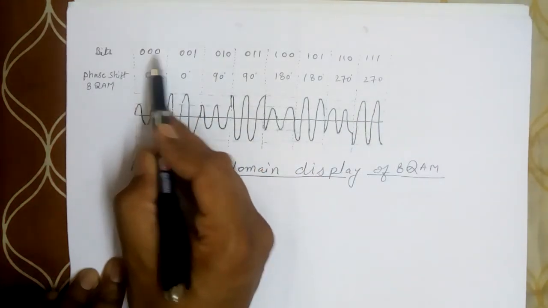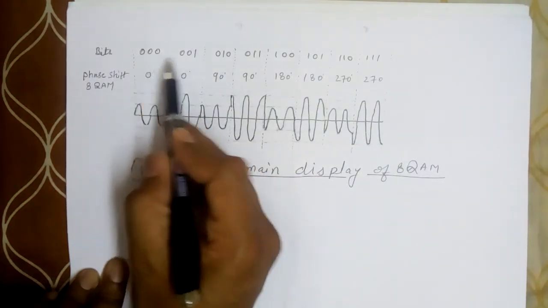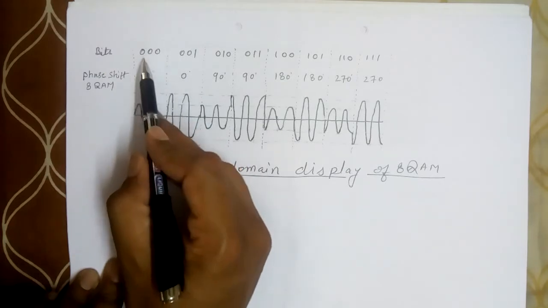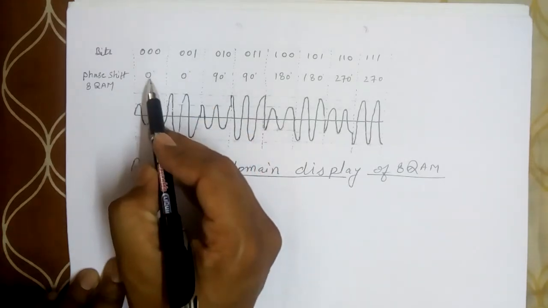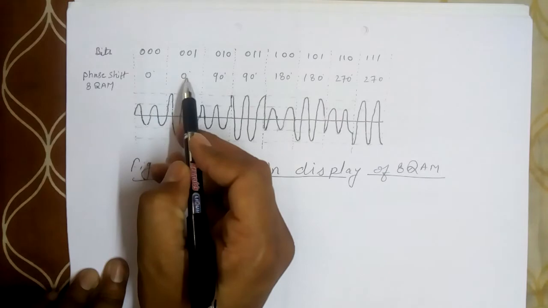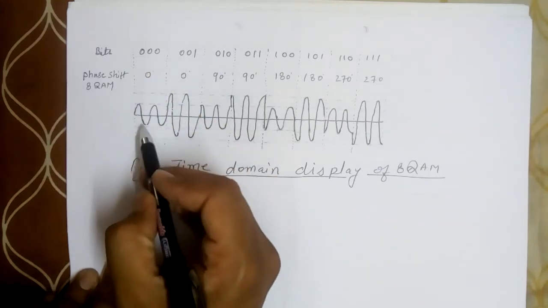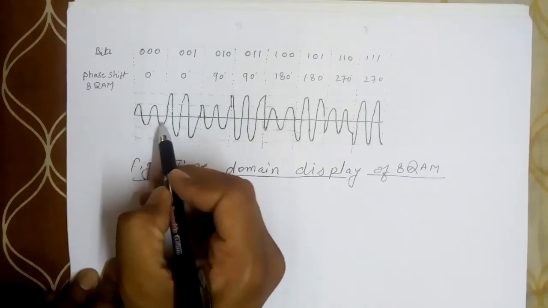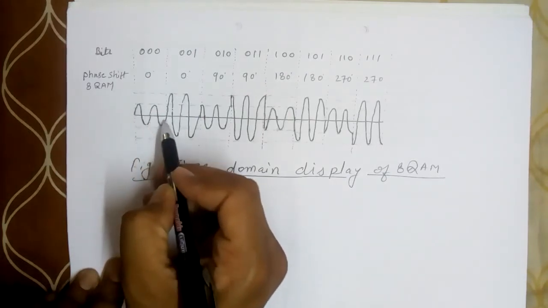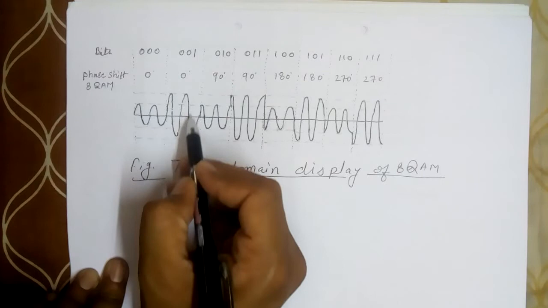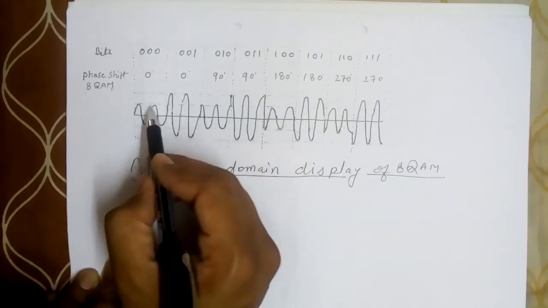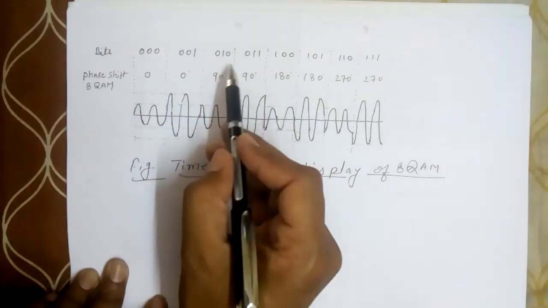So for these two signals, the phases are same but the amplitudes are different. So here we can see the phase is 0 degree and it is also 0 degree, but here the amplitudes are different.